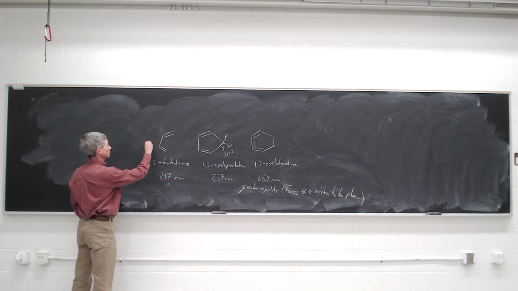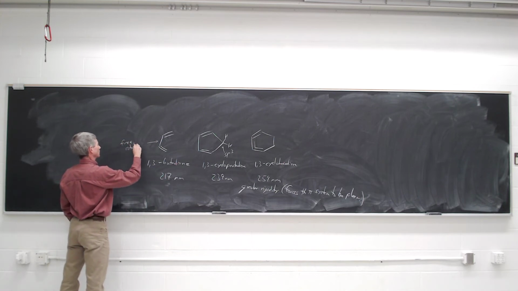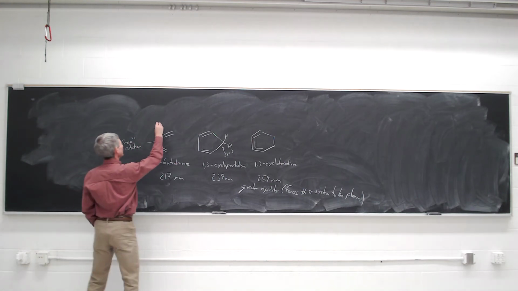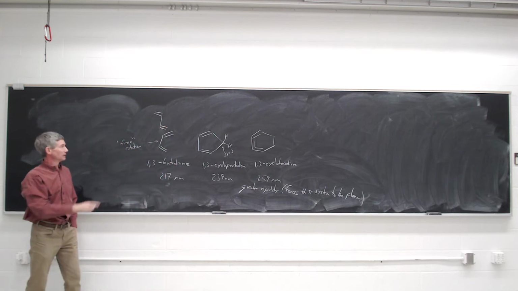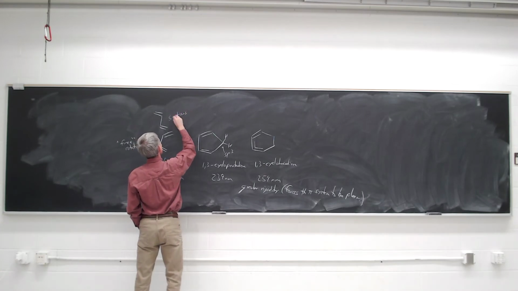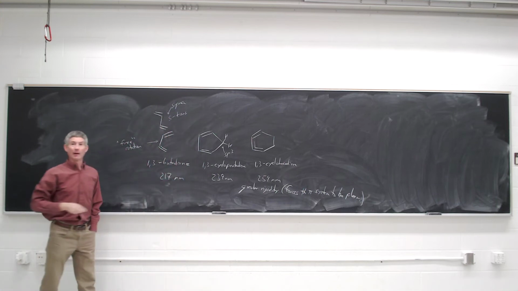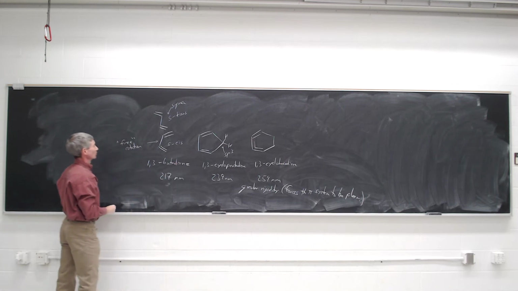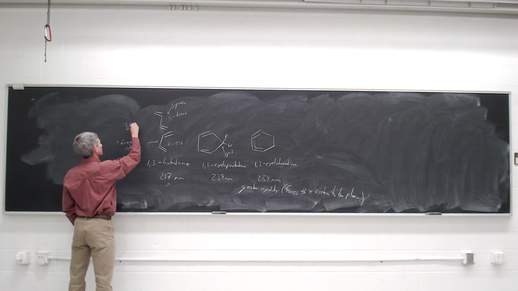There is free rotation about this carbon-carbon bond. Well, relatively free rotation. As it turns out, the energy gap between this, which is referred to as the S-trans, where the two double bonds are on opposite sides of that sigma bond, versus this S-cis isomer, the energy difference between these two is about 3 kilocalories per mole.